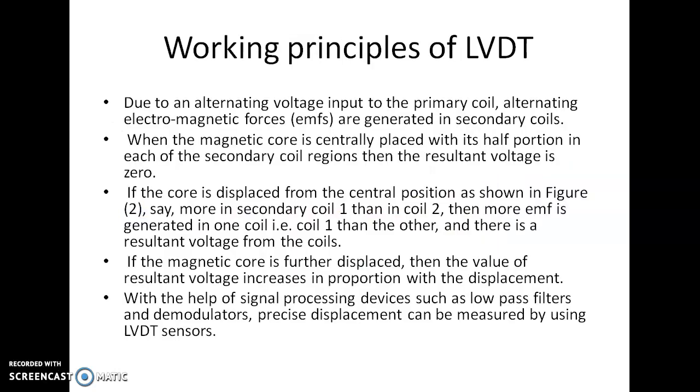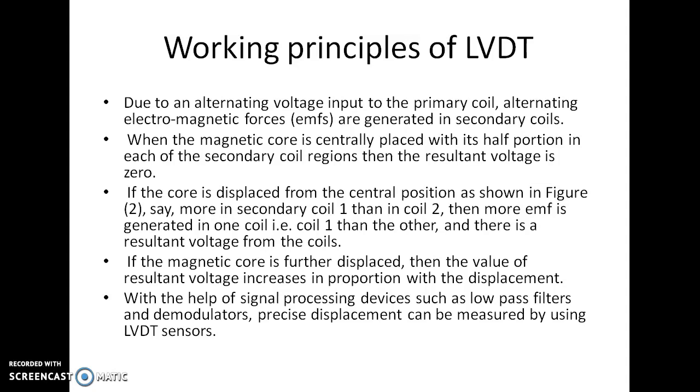Here we can see the working principle. Due to an alternating voltage input to the primary coil, alternating electromotive forces (EMF) are generated in the secondary coils. When the magnetic core is centrally placed with half its portion in each of the secondary coil regions, the resultant voltage is zero.